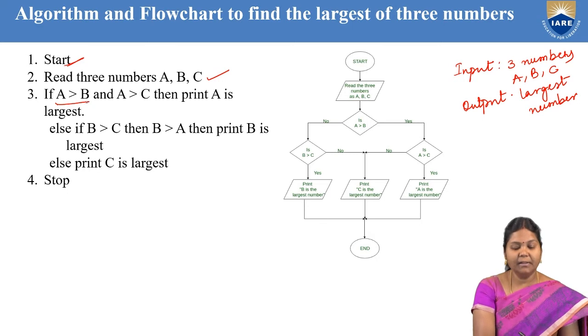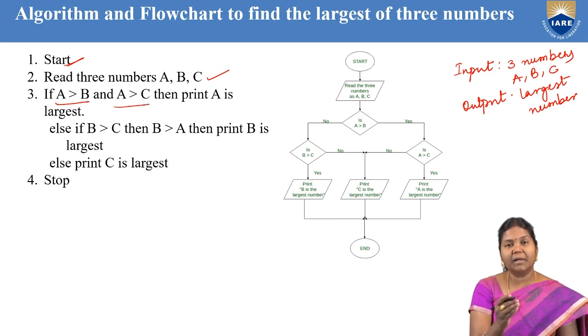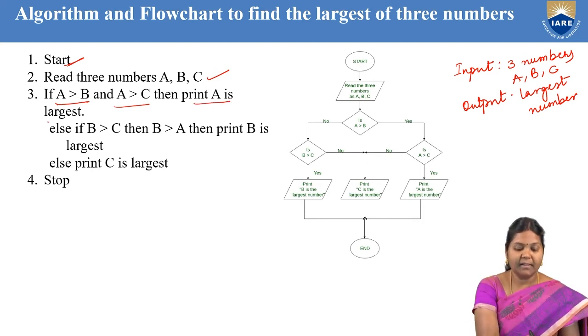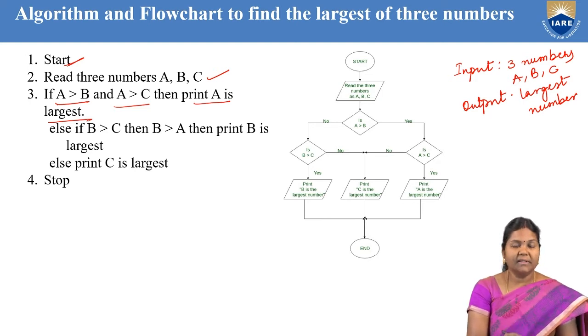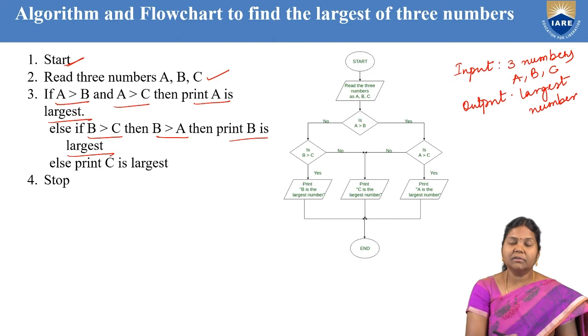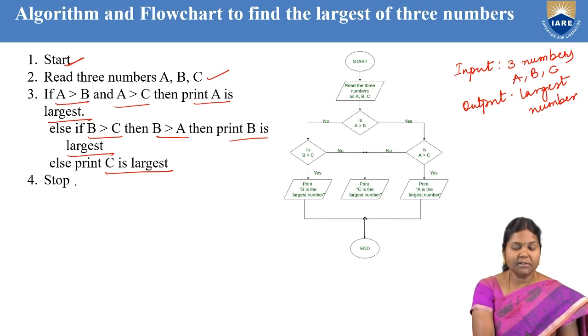If A is greater than B and A is greater than C, that means I am comparing A with B and C, then print A is largest. If this is not true, then go for the second criteria: compare B with C and A. If B is greater than C and also B is greater than A, then B is largest. If both of the conditions are false, then automatically C is the largest number. This is the simple algorithm, and after this we stop.